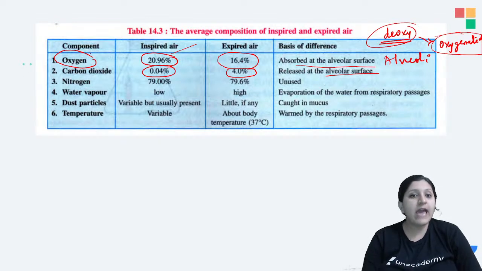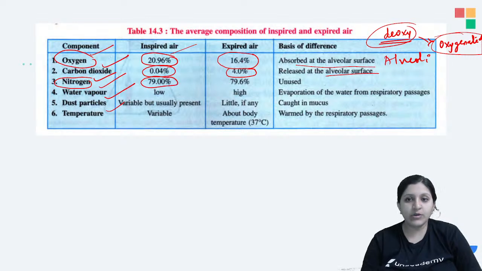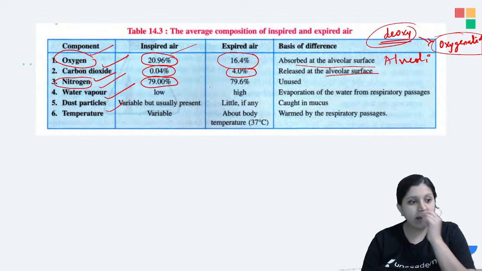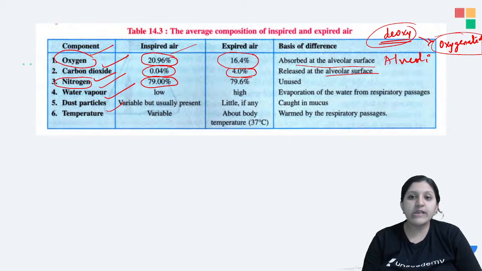Air can have oxygen, carbon dioxide, nitrogen, water vapor, and dust particles, and we are also checking the temperature. Nitrogen in inspired air is about 79%, and the expired air can have up to 79.6%.